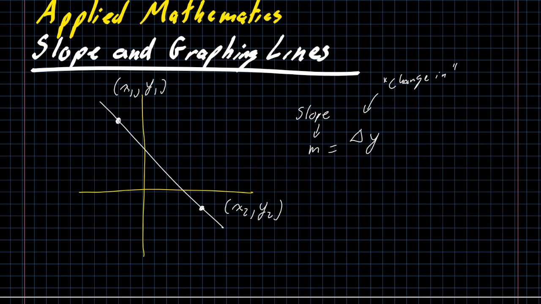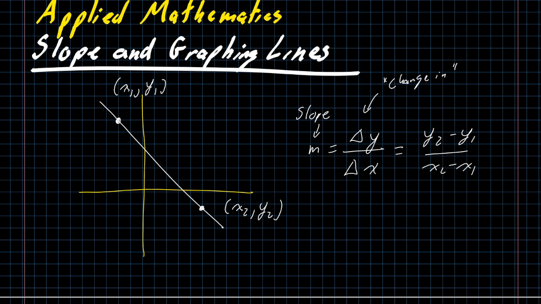So change in y divided by change in x. Well, the change in y is the difference between the two y coordinates, y2 minus y1, the change in x is the difference between the two x coordinates, x2 minus x1.